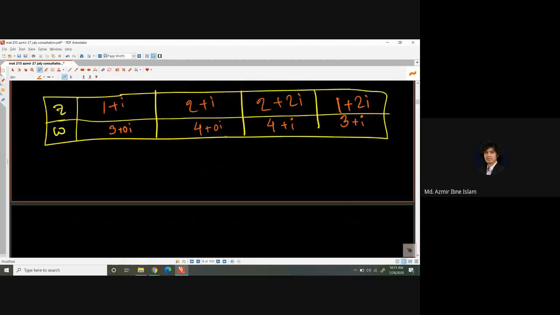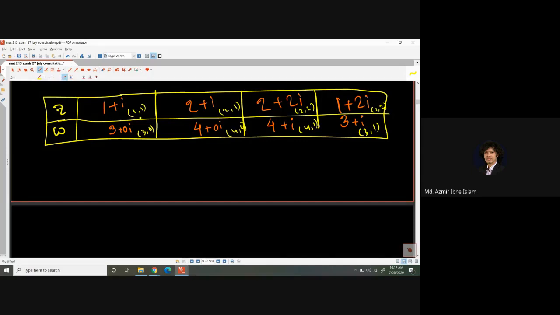Finally, you can see that these points are (1,1), (2,1), (2,2), and (1,2). Similarly, for output, we can write (3,0), (4,0), (4,1), and (3,1).